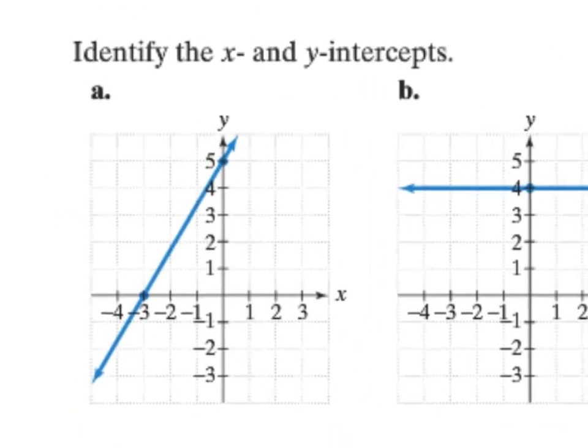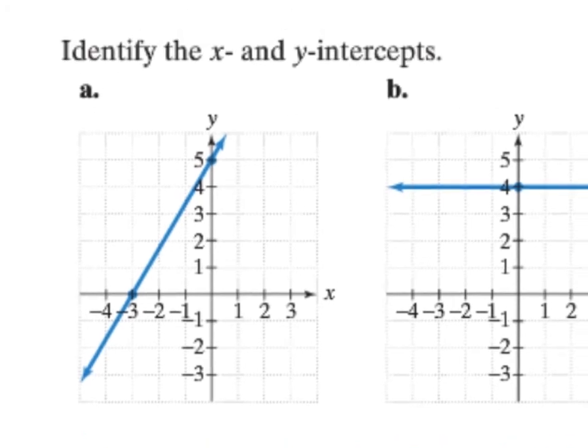So if I look over here, okay, on part number A, we want to identify the x and y intercept. So my x-intercept is going to be here, okay, and I'm just going to label that. That's my x-intercept. Here is my y-intercept, okay.